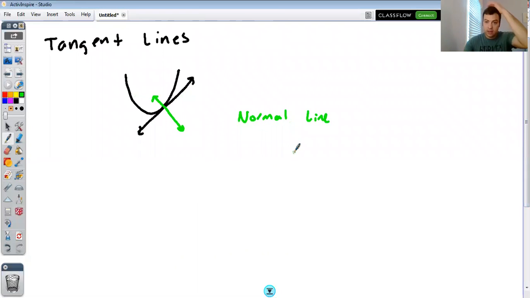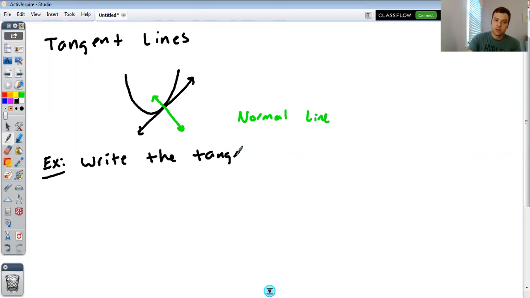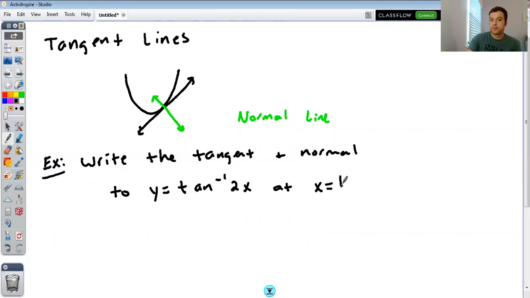So let's look at a quick example. I want to write the tangent and normal to y equals inverse tangent of 2x at x equals 1/2.